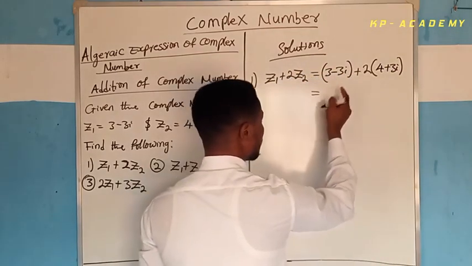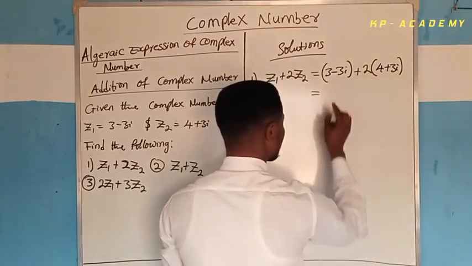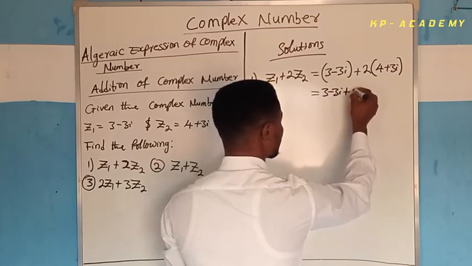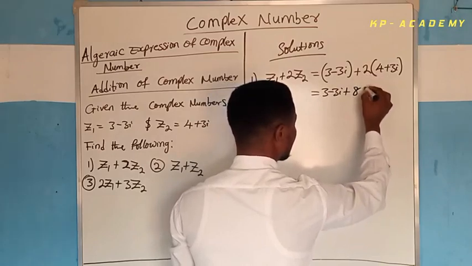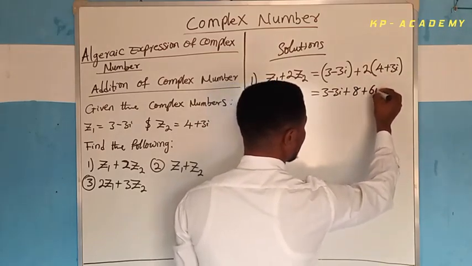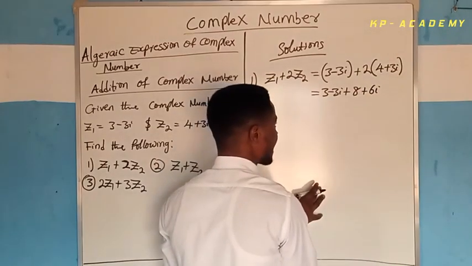Furthermore, we're going to open out this bracket with the 2 outside, such that we have 3 minus 3i plus 2 times 4, which is 8, plus 2 times 3i, which is plus 6i. At this stage, we simply collect like terms.